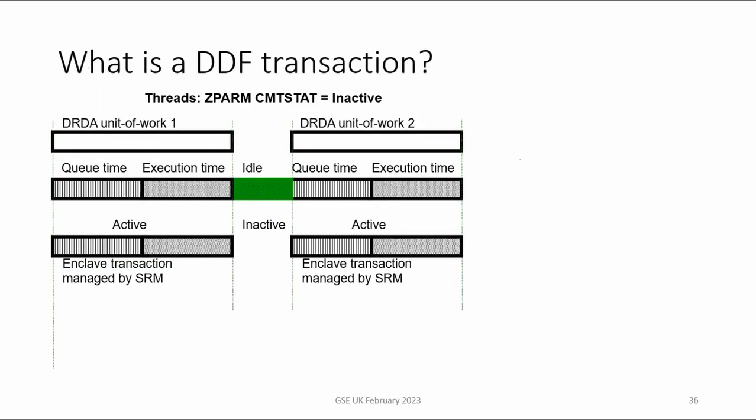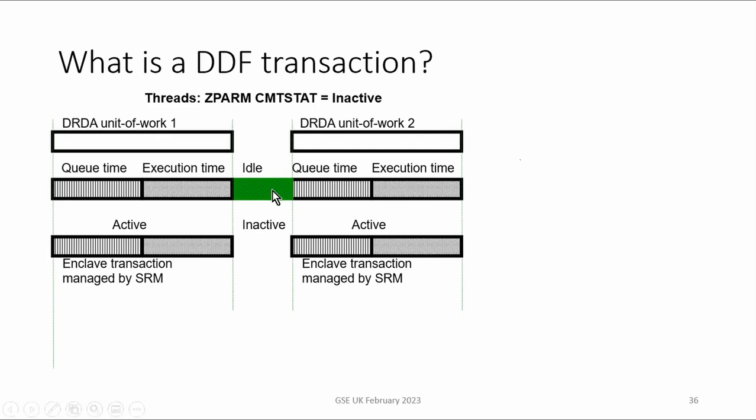So what does this DDF transaction look like? Well, most of the time, if commit status is equal to inactive, which most of you have, the DRDA unit of work is happening, and we're going to queue and wait till we get a DBAT. We're going to execute. We're going to issue a commit, at which time we're going to disassociate the connection from the thread.